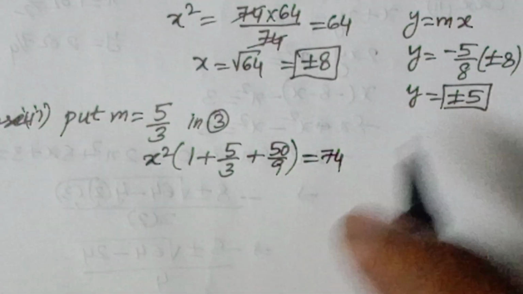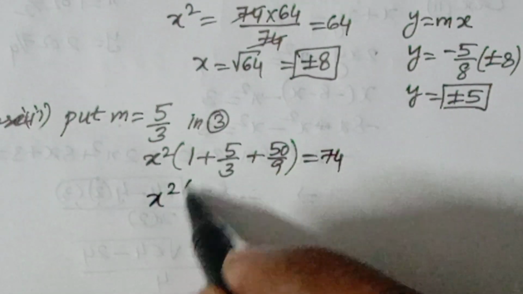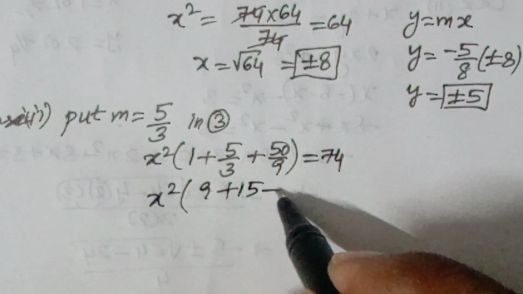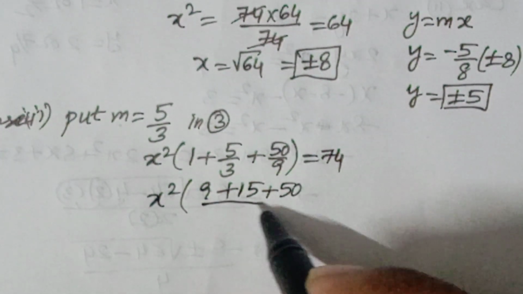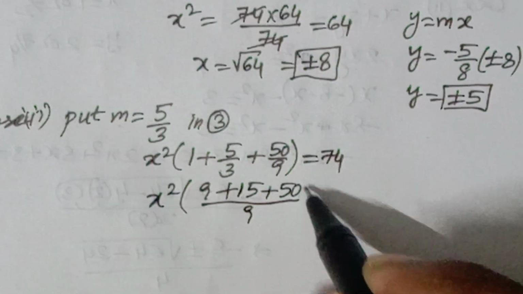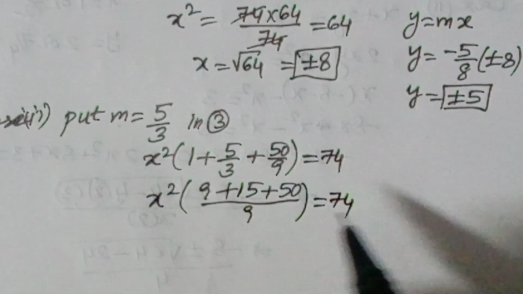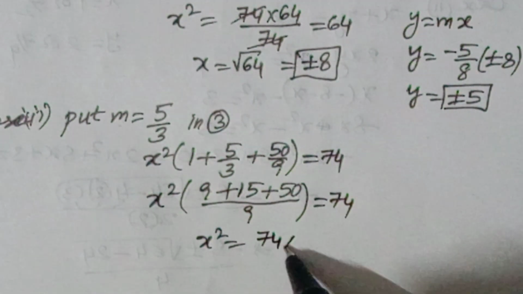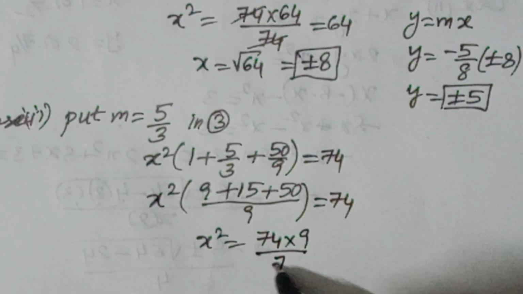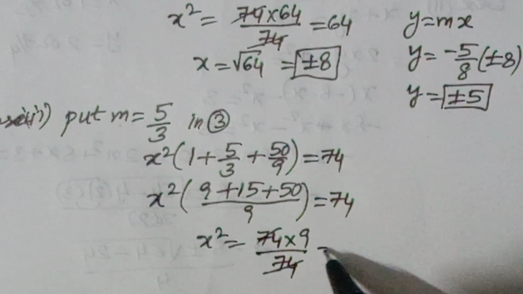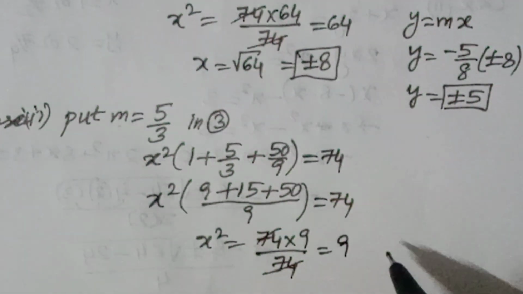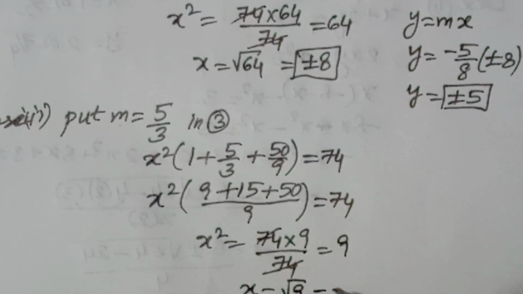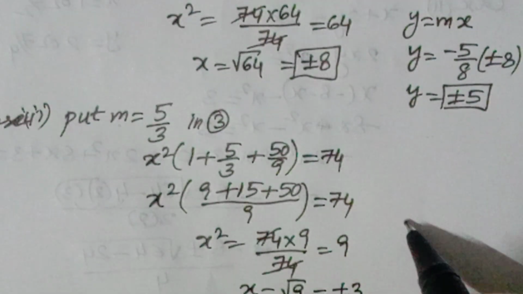So what will we get now? x square into LCM: 9 plus 15 plus 50 by 9 is equal to 74. So x square is equal to 74 into 9 by 74. So you will get 9. x is equal to square root of 9, that is nothing but plus or minus 3.